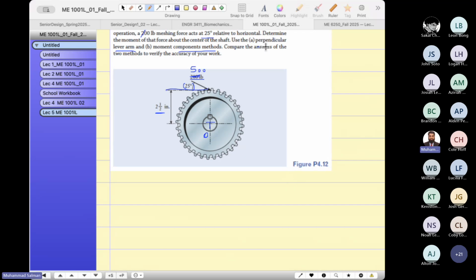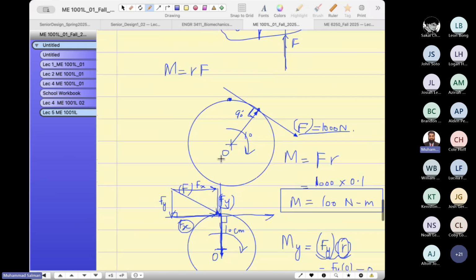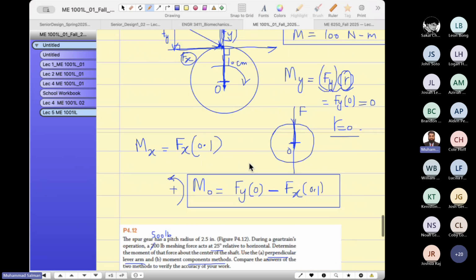So the first method is the perpendicular lever arm. If I go back to my perpendicular lever arm, you see, I drew a line passing through the force vector, such that the angle between the perpendicular line is 90 degrees from the axis of rotation to the tangent of the line.